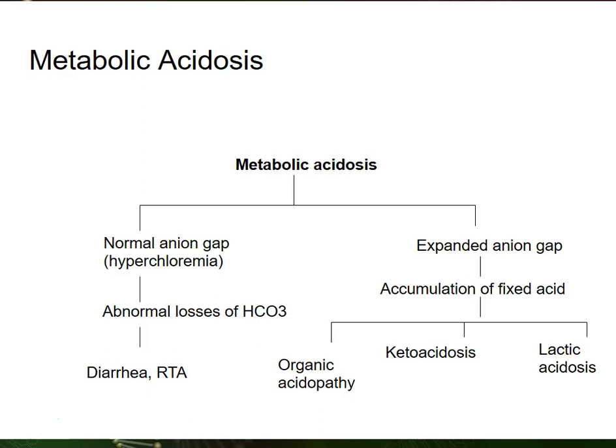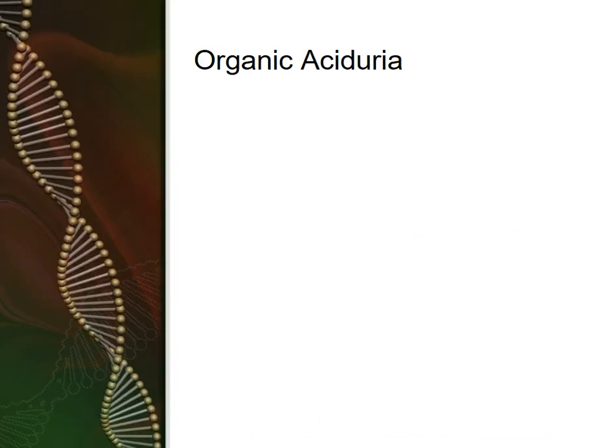Now, if we're talking about a 5-year-old, a 10-year-old, a 50-year-old, ketoacidosis is one of the most common causes of diabetes. However, in a newborn with an expanded anion gap, neonatal diabetes, while described as incredibly rare, makes organic acidopathies and lactic acidosis far more common. So when we're looking at these, it's very dependent on the age of the patient.